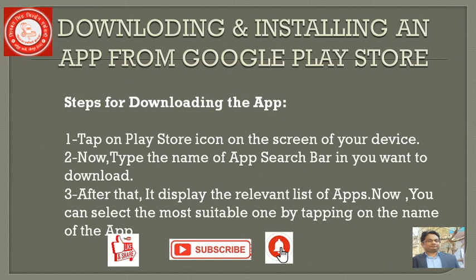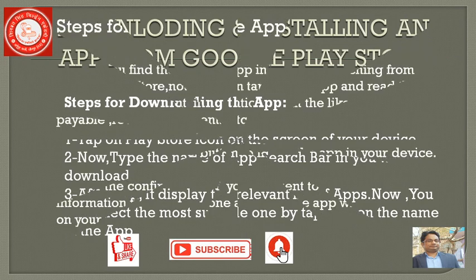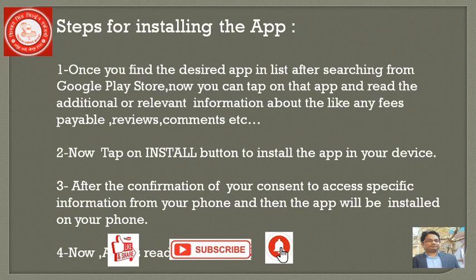When you press the OK button, a list of apps will come. Now you have to decide which one is suitable for you, and after clicking on that app, the downloading is going to start. So this is the way to download a particular app. Now in the next slide we are going to understand the steps to install an app.